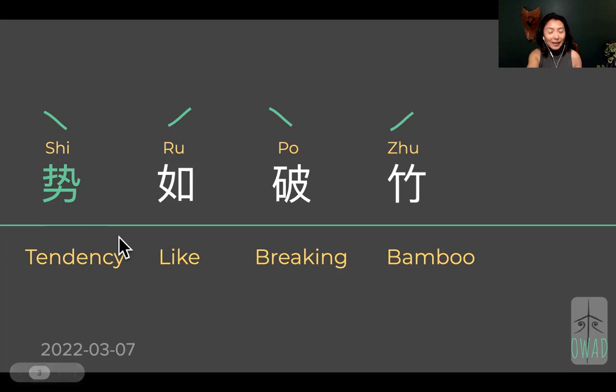Okay, so now 势如破竹. 势, the same momentum, but it's more appropriate to translate into tendency here, which is a result of the momentum, like you start to have the tendency of becoming something or doing something. And we talked about 如 before. 如 has a left and right structure, both meaning symbols.